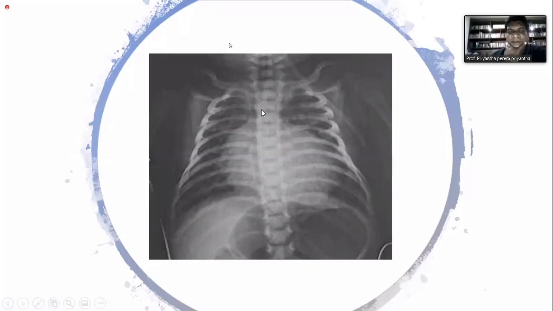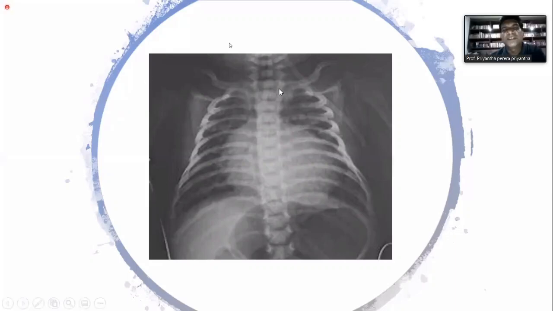So the pedicle is narrow. The pedicle is formed by the aorta and the pulmonary artery. Generally, they sit side by side together. They form a broad pedicle. In transposition, they are superimposed on each other, and there is an absent thymic shadow.